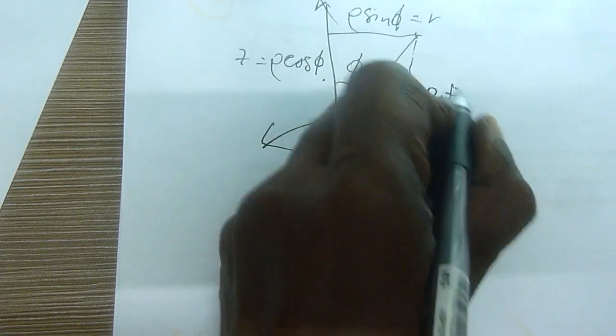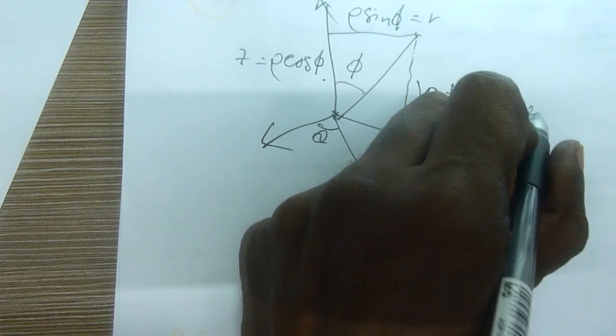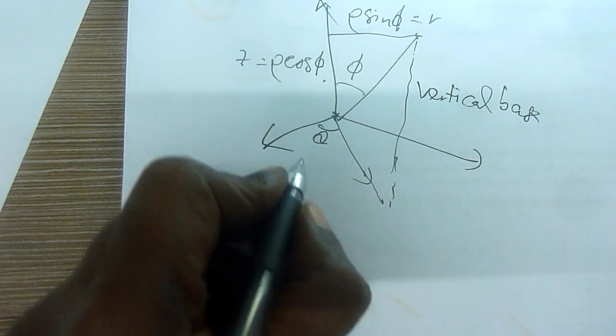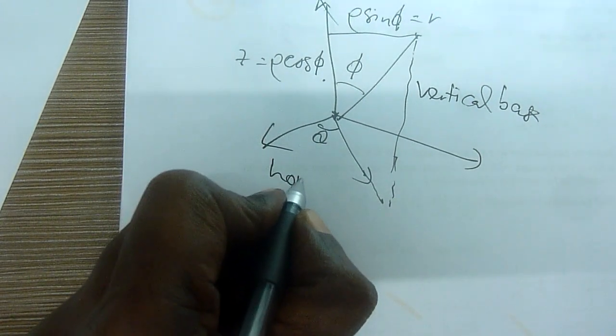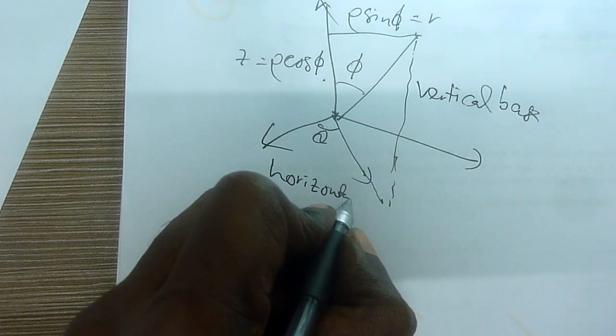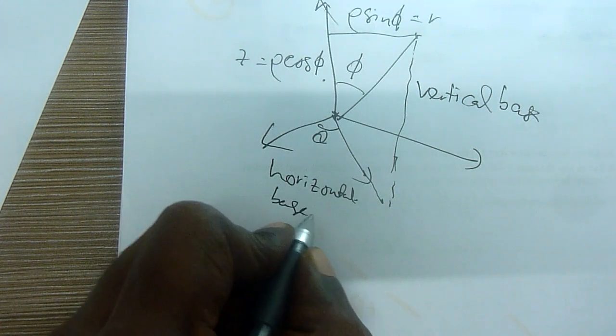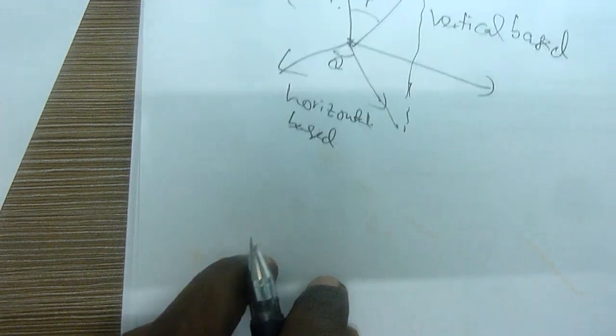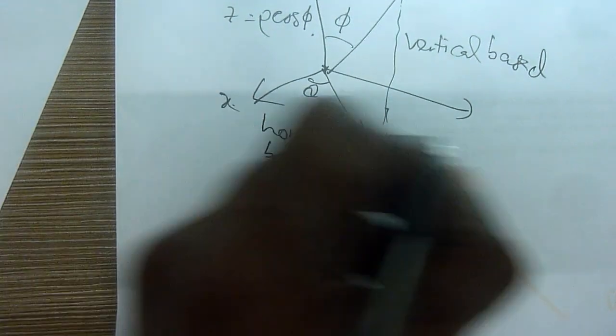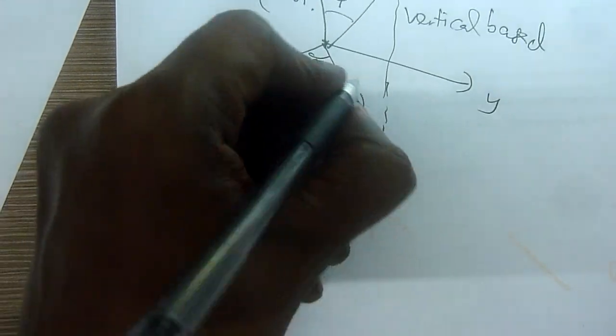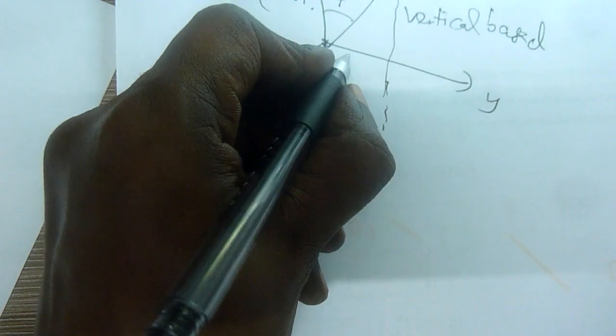This is a vertical base. This is a horizontal base. We are horizontal based. This is vertical based, and x, y, and this one refer to the same r. We are bringing down to this, right?